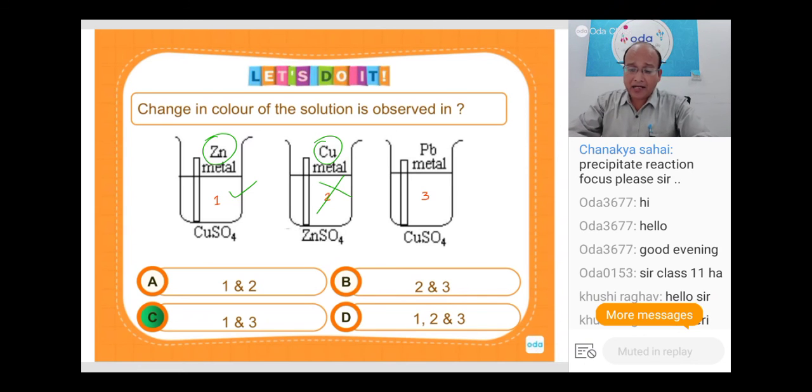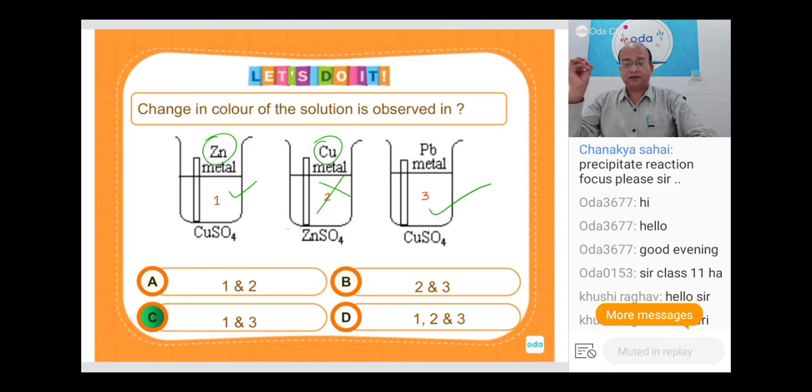Okay, and the third reaction. In the third reaction, we have no problem if you have made a mistake. No problem. Just give attention to the class. Lead is more reactive than copper. Okay, so lead is more reactive.